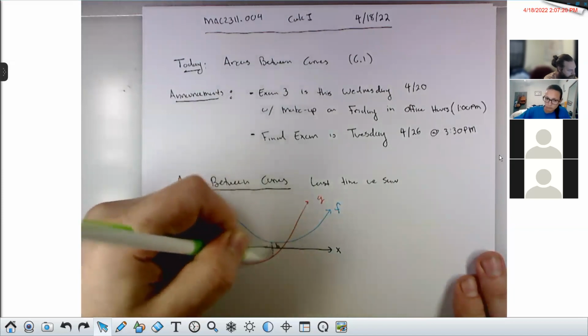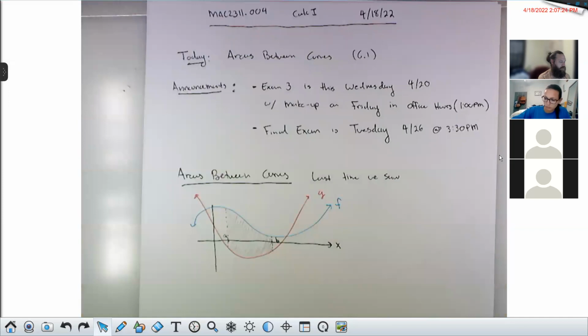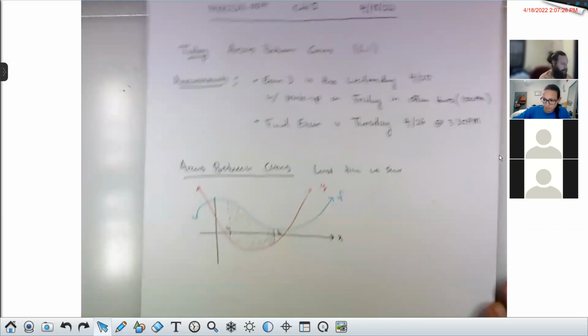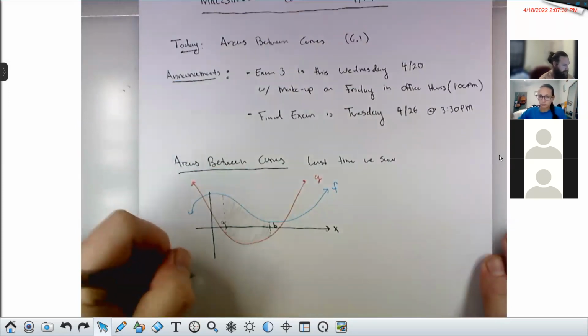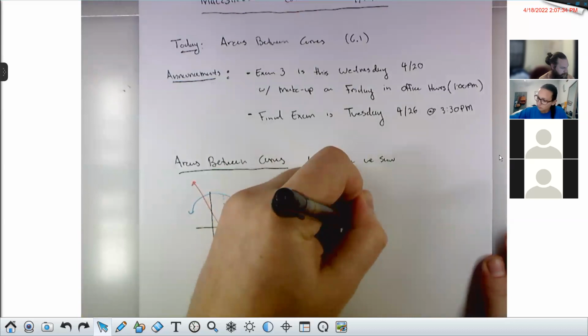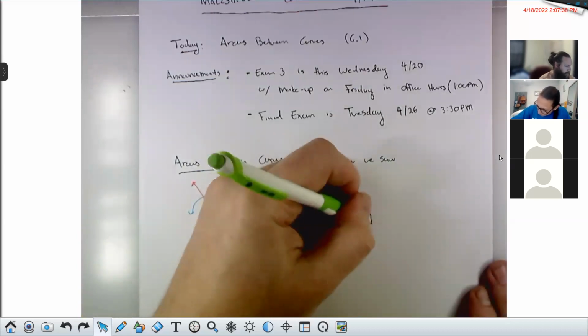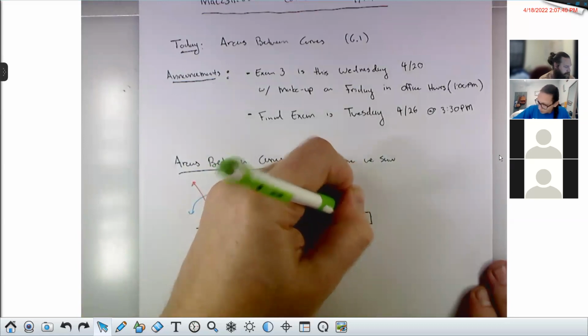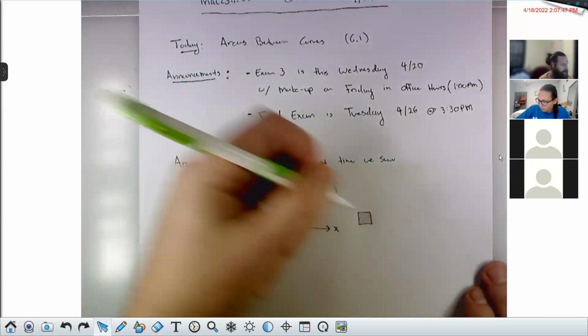So these will be definite integrals. And you'll integrate the larger guy minus the smaller guy. So the area between them, you can think of it as the integral of the blue minus the integral of the red, and it doesn't matter if one of them dips beneath the x-axis or not.